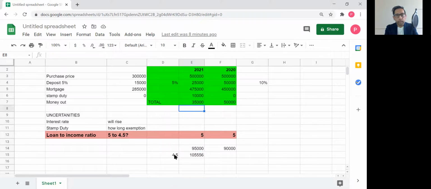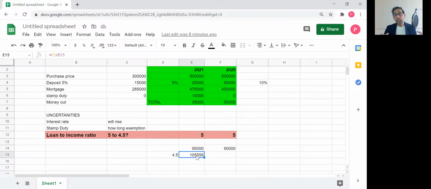But if they're tighter and require only 4.5 times your income, then your mortgage divided by 4.5 gives you 105,556 roughly.